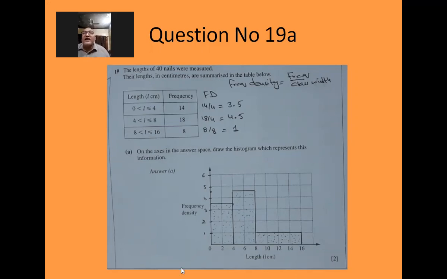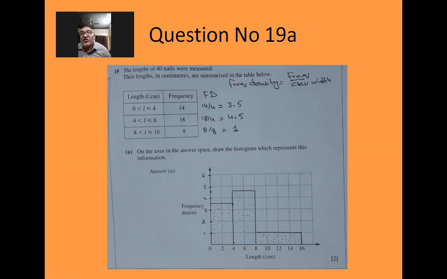So here I have shown the frequency density axis, 1, 2, 3, 4, 5, 6. Here I have represented the classes, and the first class is from 0 to 4. So its rectangle will be 4.5, sorry, 3.5. So you can see there from 0 to 4, its frequency density is 3.5.